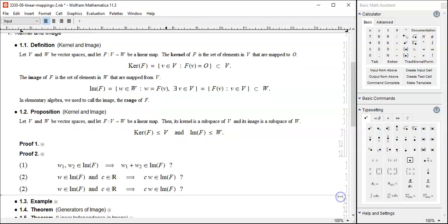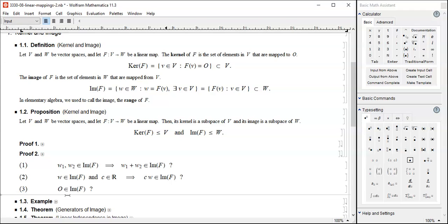And finally, the zero vector. It's a zero vector in vector space W because image is a subset of W, but then again, it's a bit confusing. So let's just write like this. So these three are something we have to prove.